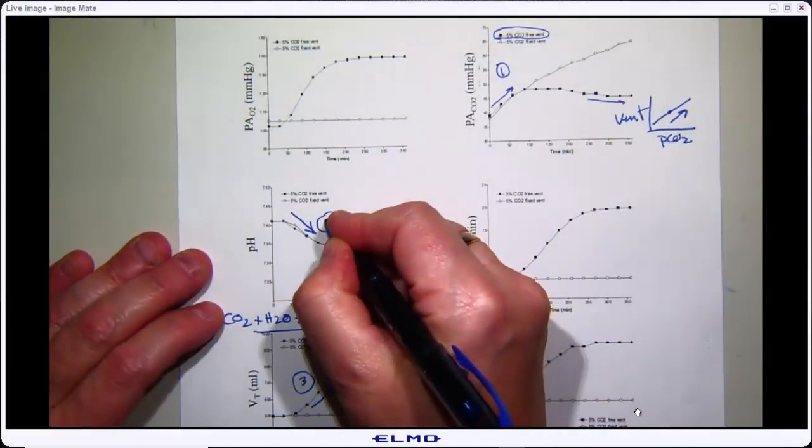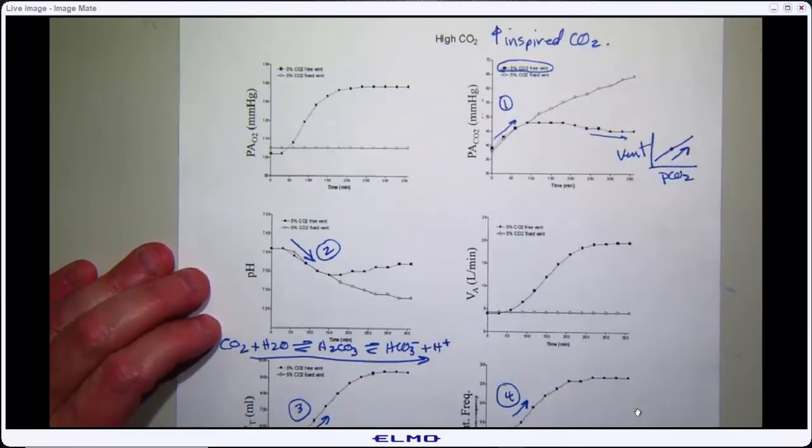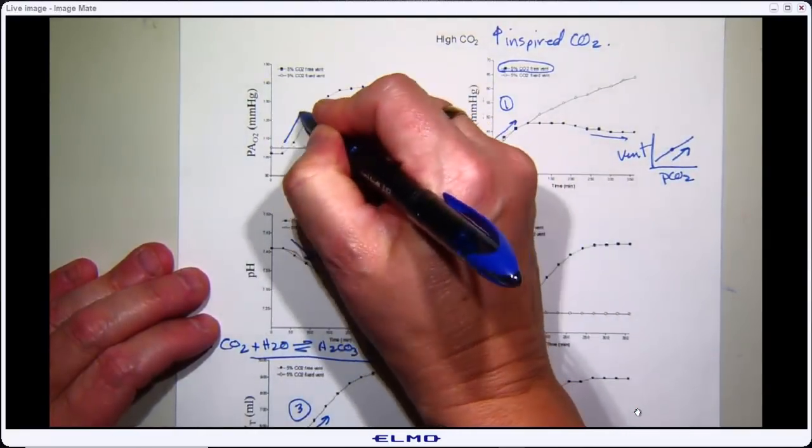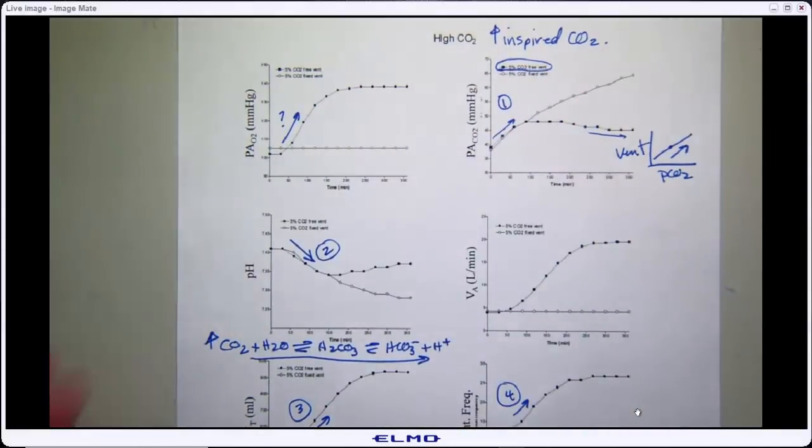So why, if we look at our PO2, did our PO2 go up? Why did our alveolar PO2 go up? We only changed atmospheric CO2. Why did PO2 go up?